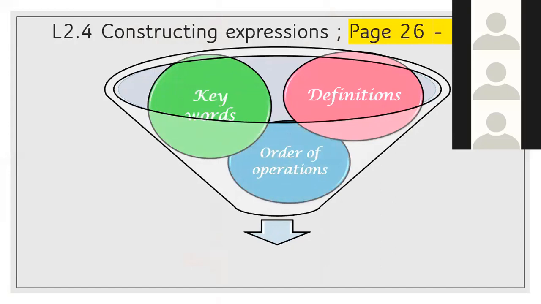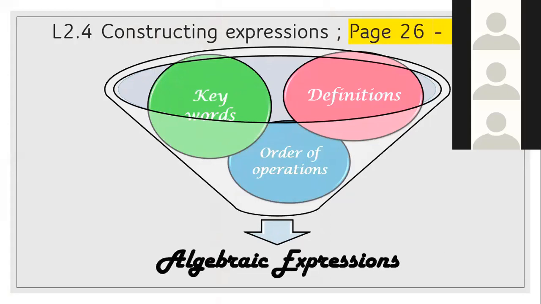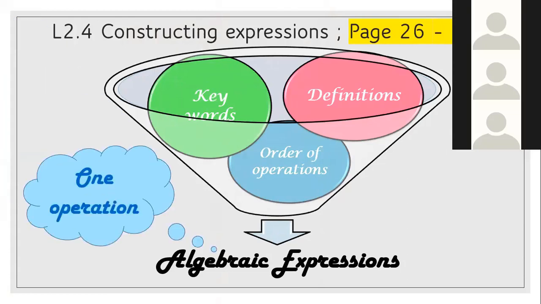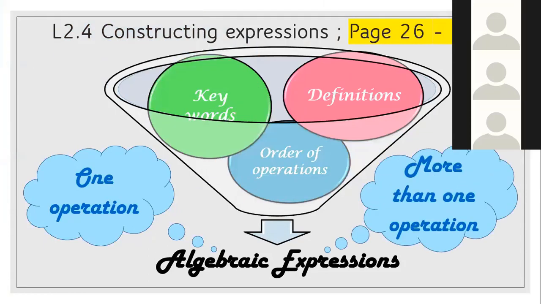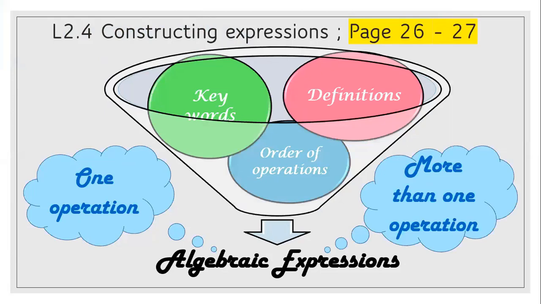If I have these three combinations with me, I will be able to form an algebraic expression. Now, any algebraic expression could be with one operation only, and this is what we're going to talk about in this lesson, or with more than one operation, and we're going to leave this part till the next lesson.